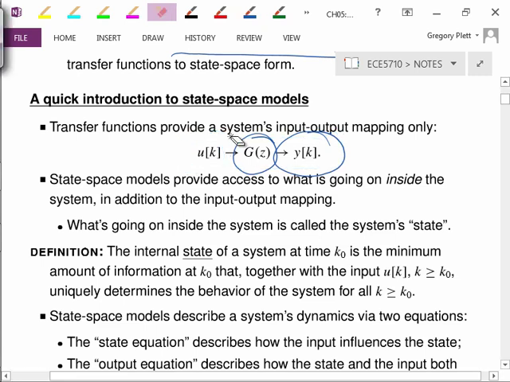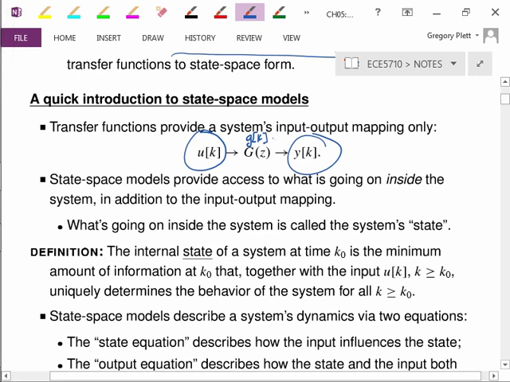This is saying I have a time domain signal u of k, which is the input to a system which has an impulse response, discrete time g of k. It also has a transfer function, which is the z transform of that impulse response. In any case, that system produces a time domain output signal, y of k.